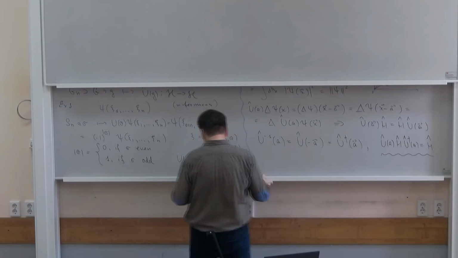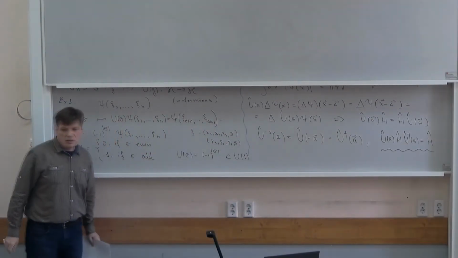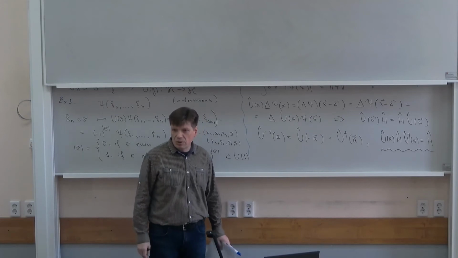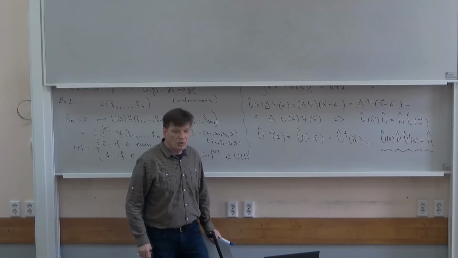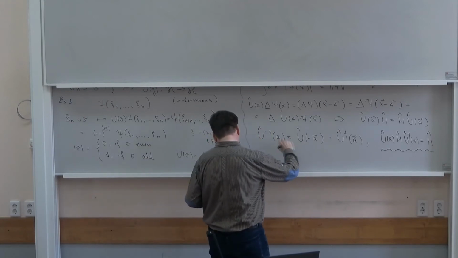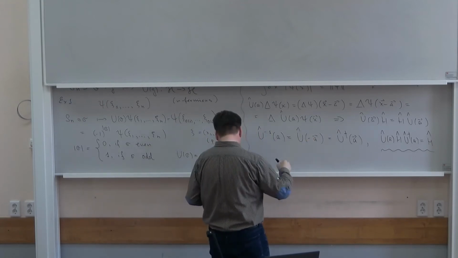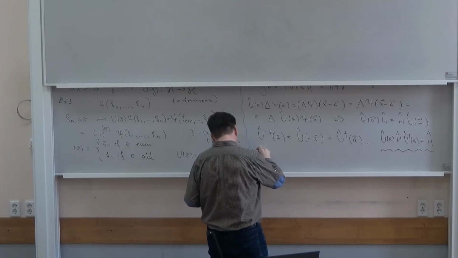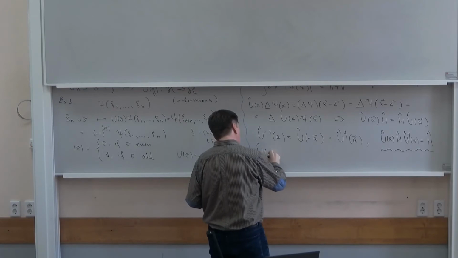Now it is clear that these spatial translations form a three-dimensional Lie group, which is isomorphic to the vector group of three-dimensional space. And the multiplication law is given by this formula.